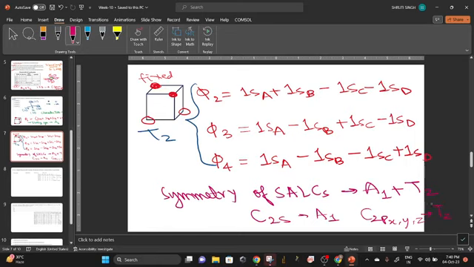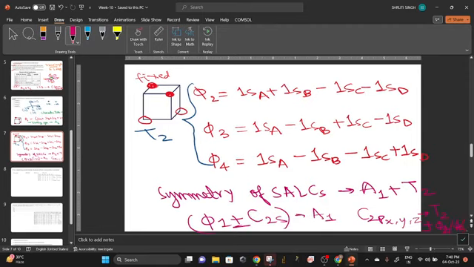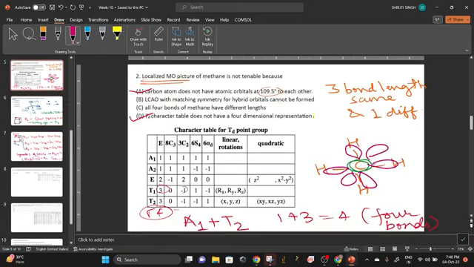So there should be matching overlap between the SALCs and the atomic orbitals of matching symmetry. So psi 1 and 2s will overlap plus minus, and here 2pxyz will have linear combination with psi 2, psi 3 and psi 4.